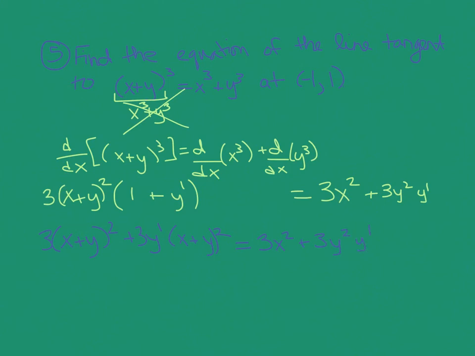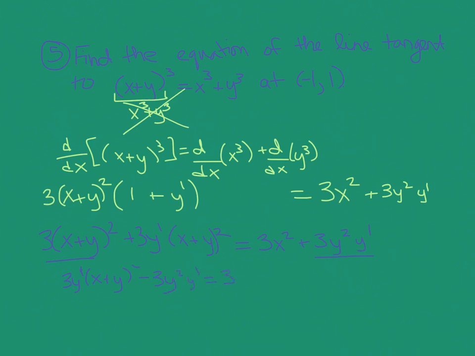Next thing I'm going to do to solve this out, I'm going to get all of my y primes on one side of my equation. So I'm going to move over this one to the right side, and I'm going to move over this one to the left side. So next step, I get 3y prime times (x + y) squared minus 3y squared times y prime.